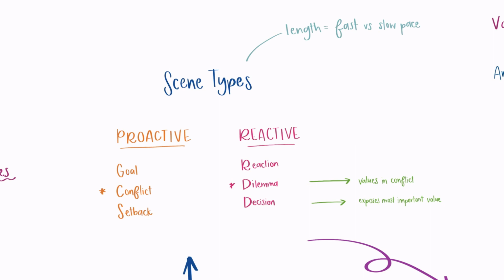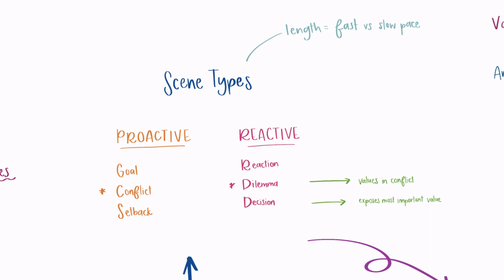And so that means that the reactive scene ends in a decision where they decide what they're going to do next, and then they go off, they've got their new goal, and then they enter a new proactive scene again. But you don't necessarily need a whole scene for the reactive scene. Sometimes they can be just quite quick moments where the setback happens, the character freaks out a tiny bit, but then comes up with a new plan, has a new goal, and goes straight into a new proactive scene.